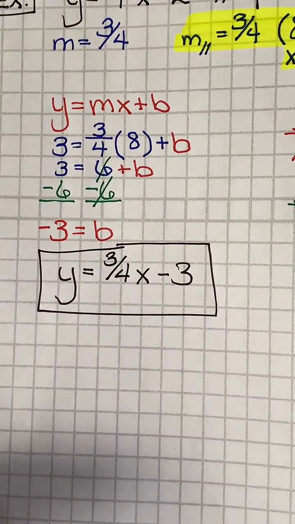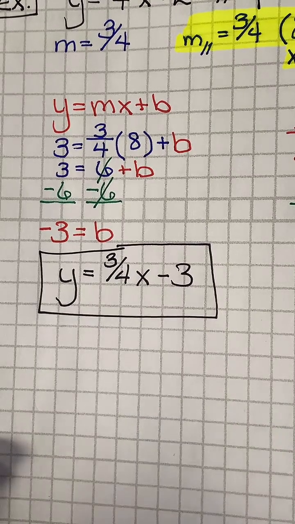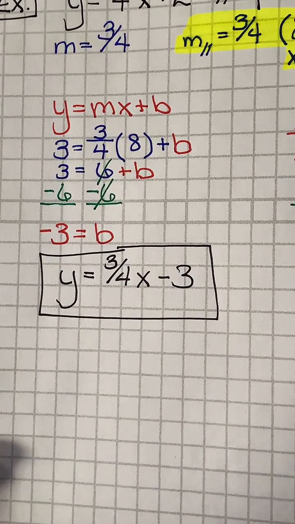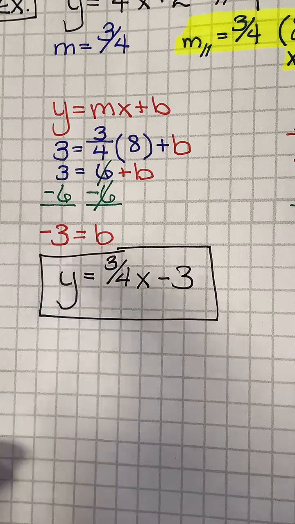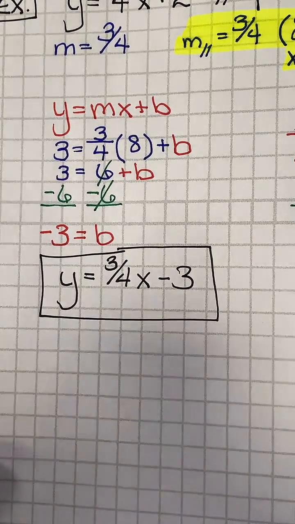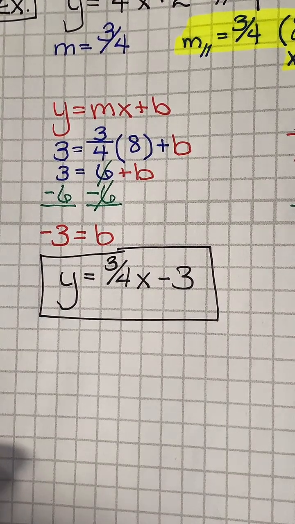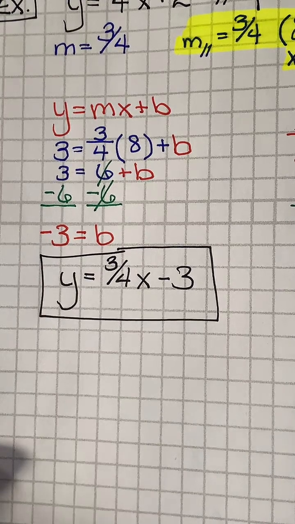So we had to know what the slopes of parallel lines do first. Then we had to use the point it had to go through. You don't have to sit there and graph it. You can, but it's going to make you all kinds of cray-cray. So that's why you have your y equals 3/4 x minus 3.